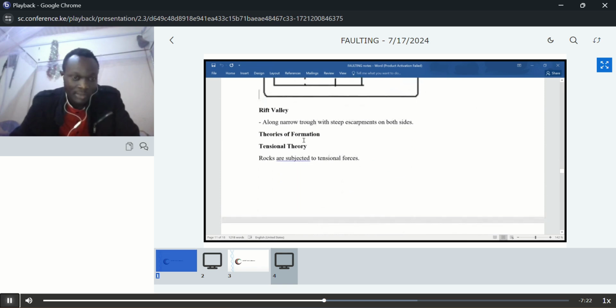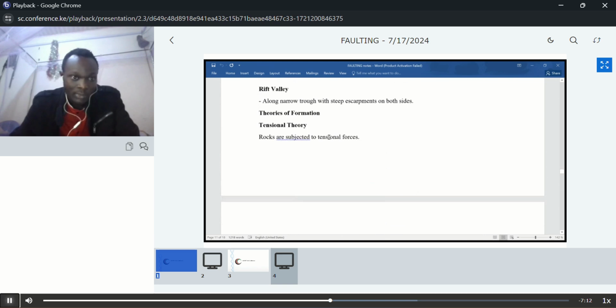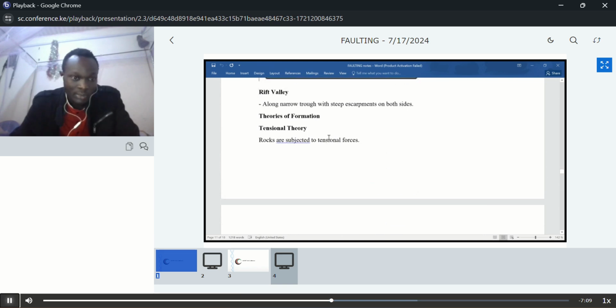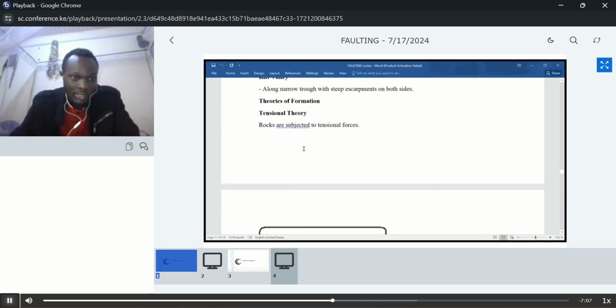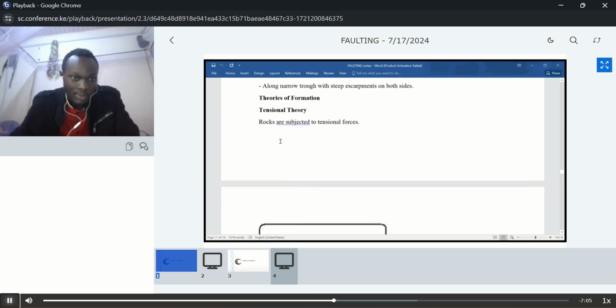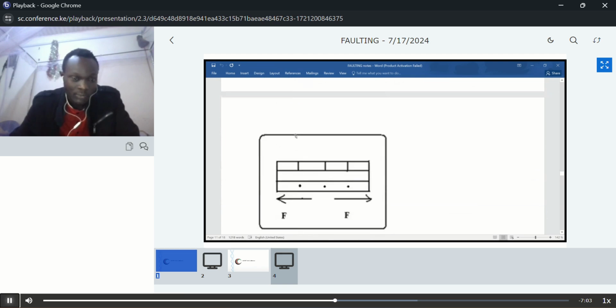Then we have the Rift Valley, a long narrow trough with steep escarpments on both sides. You have the theories of formation. One is the tensional theory, and it says that rocks are subjected to tensional forces.